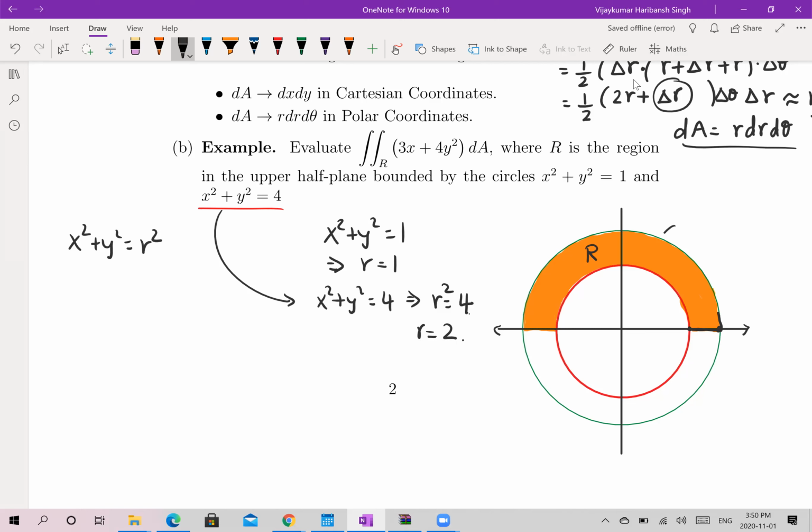So in this case, our region D is given by r and theta, where theta is between 0 and pi, and r is between 1 and 2.